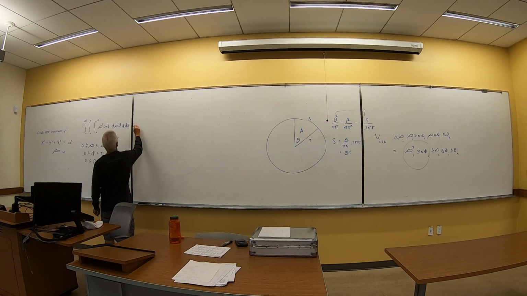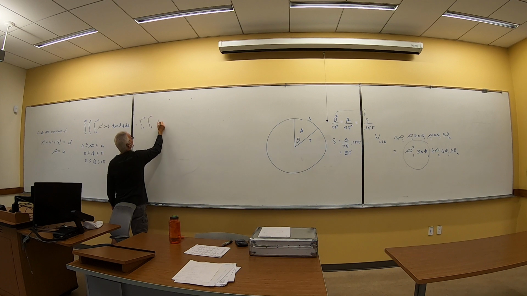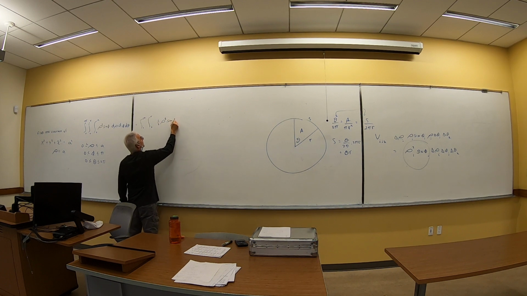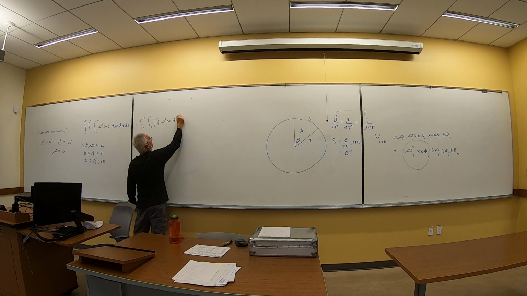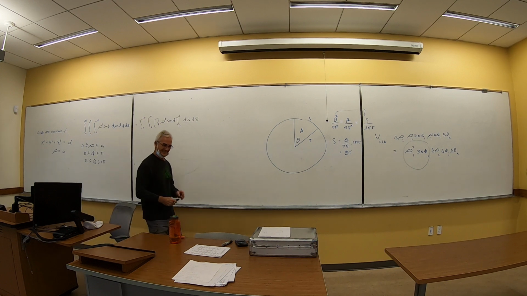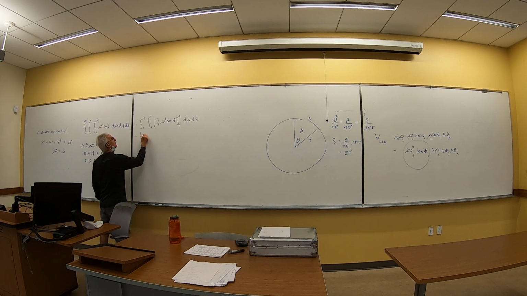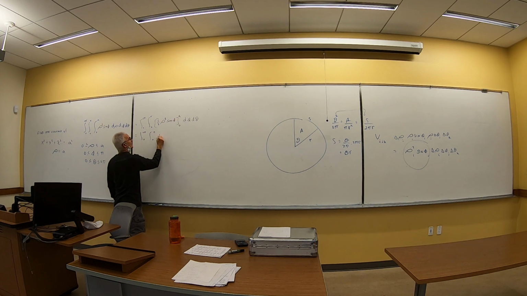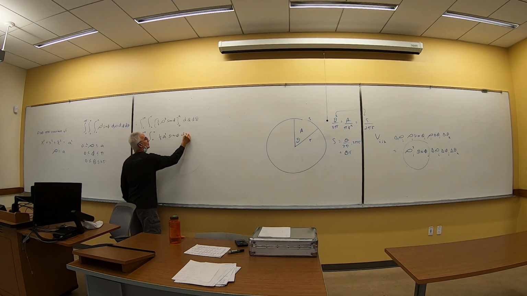All right, so I do my first integration. I'm integrating rho, so 1/3 rho cubed sine phi from 0 to a, d phi d theta, keeping in mind that you're making your phis and your thetas different. When I evaluate this, what do I get? I get 1/3 a cubed, which is a constant, by the way.